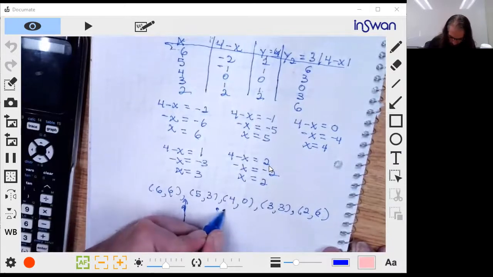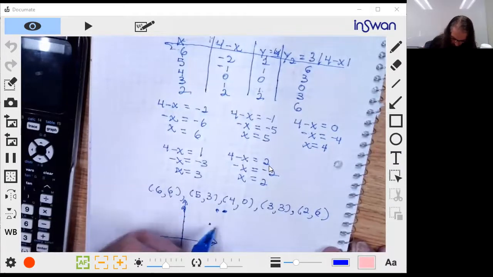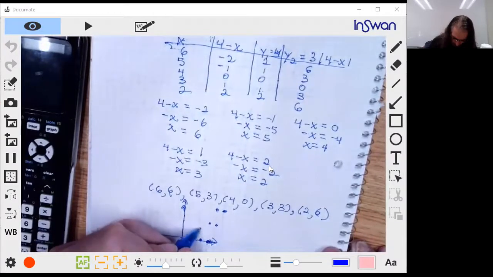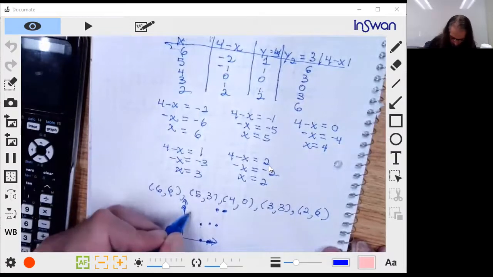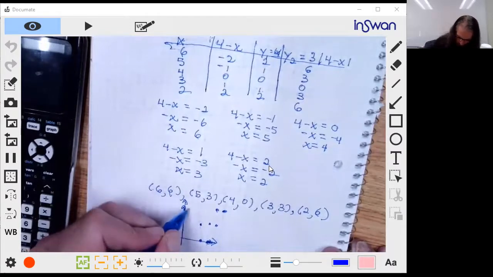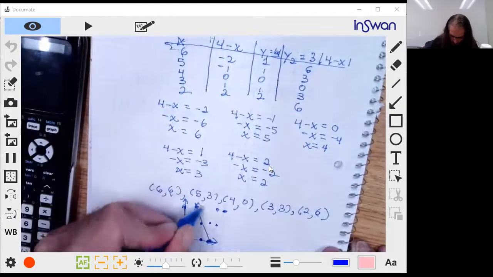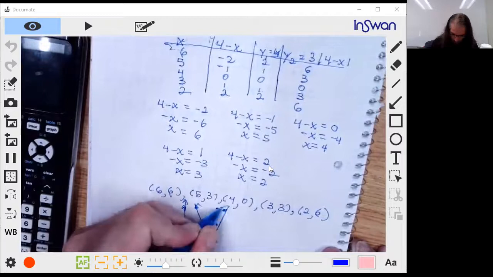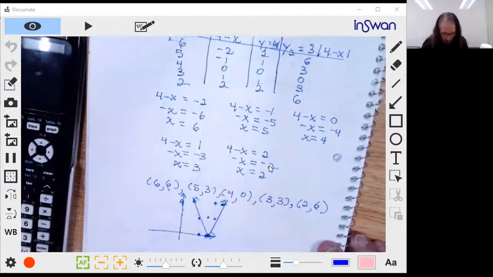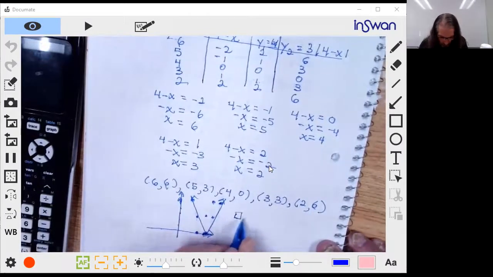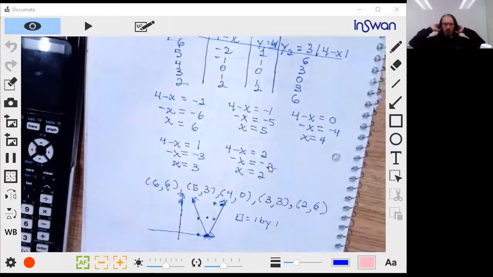Messed that up. There's (6, 6), (5, 3), (4, 0), (3, 3), and (2, 6). Connecting with the V shape, ignoring those first 3 that I plotted. And again, my labeling in both the x and the y direction would be by ones.